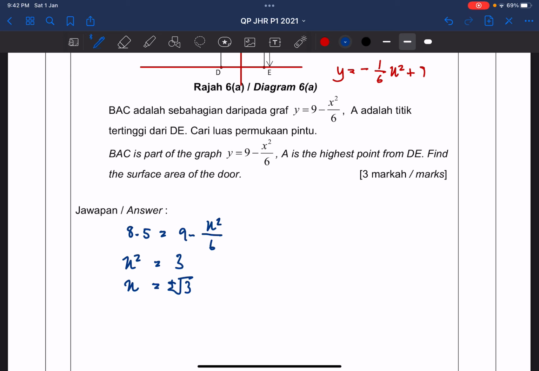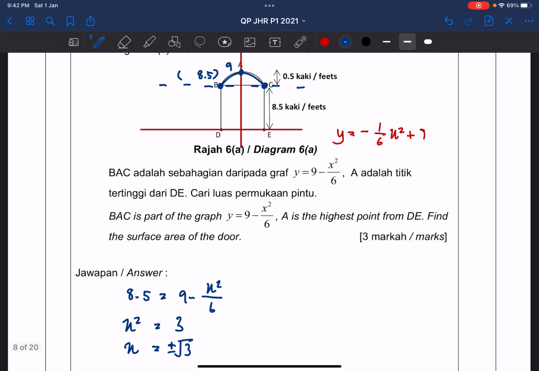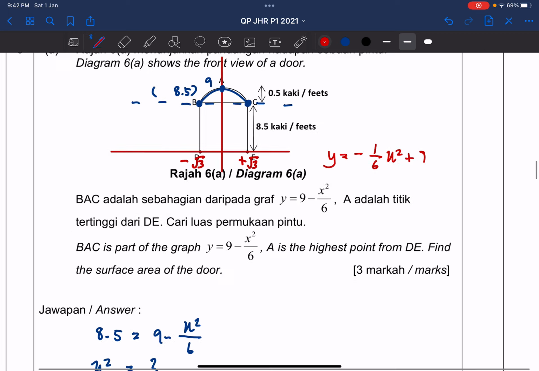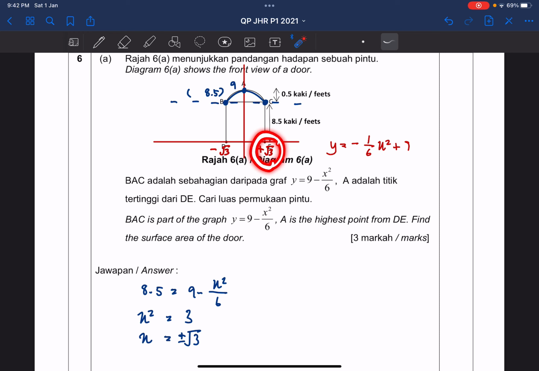So it will be plus minus. So apparently positive will be the coordinate for c, and the negative will be the coordinate for b. So you can know that this part will be positive square root of 3, and this part will be negative square root of 3. And your upper limit will be positive square root of 3, and your lower limit will be negative square root of 3.